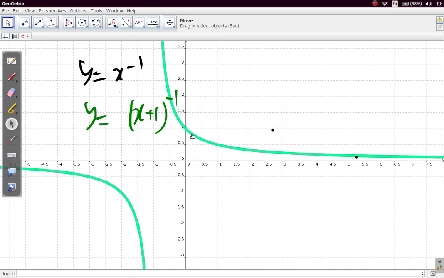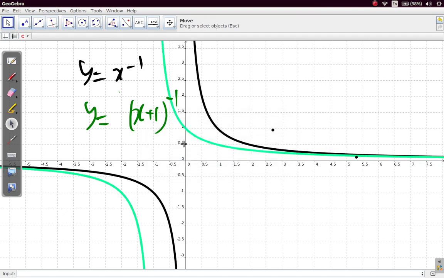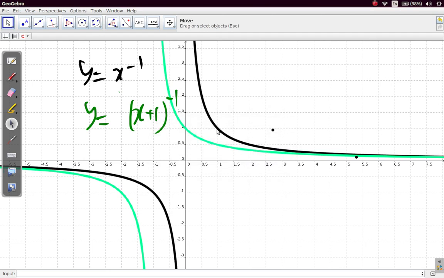Okay, x plus 1 to the negative 1. Alright, let's put this back as x raised to the power of negative 1. Okay, alright, here now I want to show the labels.